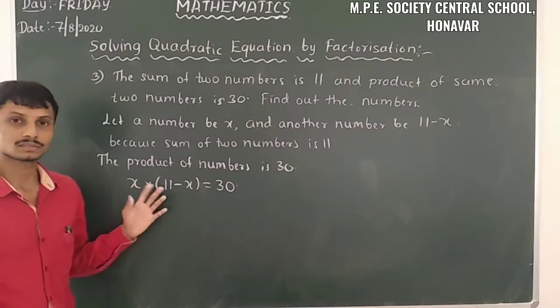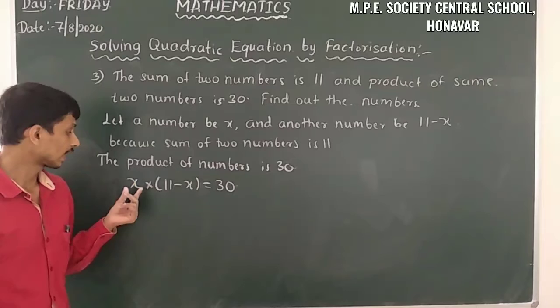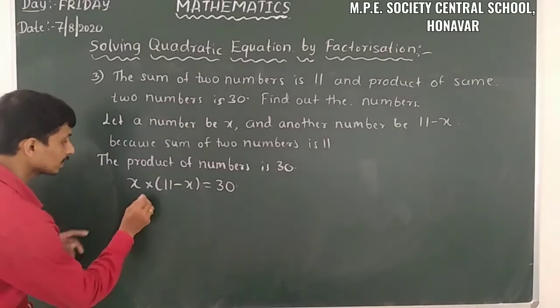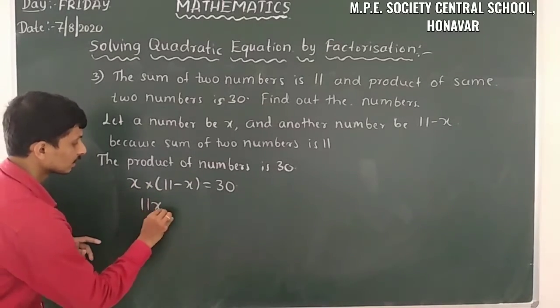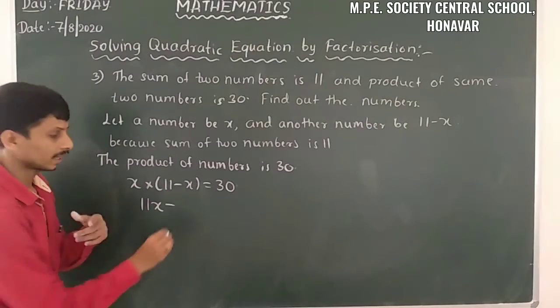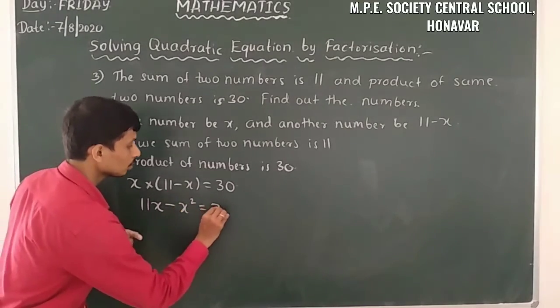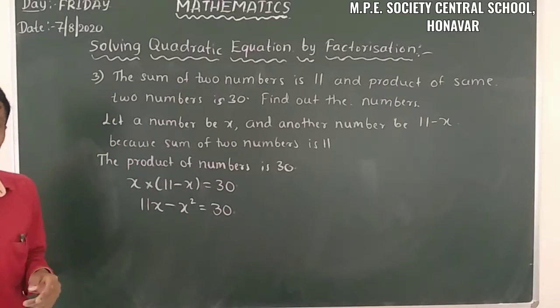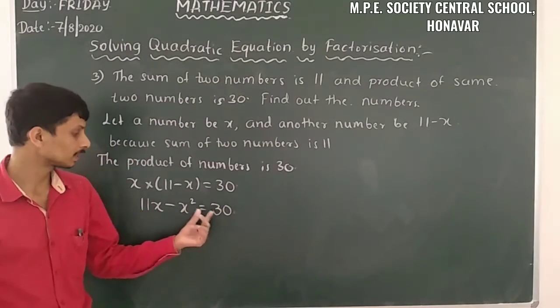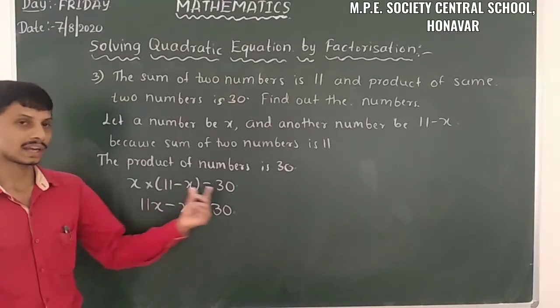Firstly, I will take x into this bracket, that means we have to open the bracket. x into 11 is 11x, minus x into x is x square, equal to 30. Then I will transpose all the terms to the RHS side. That means it becomes plus x square and minus 11x.